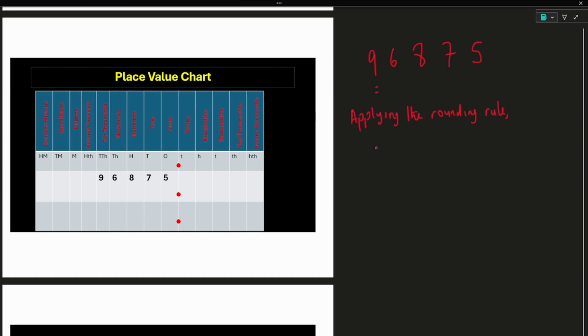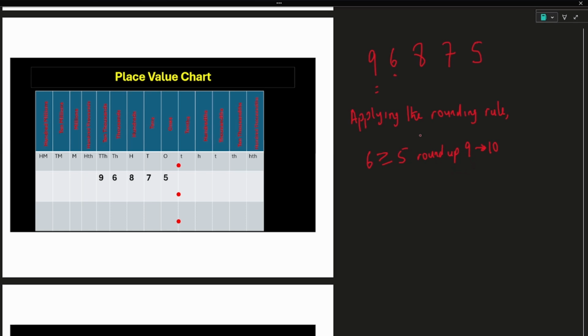So applying the rounding rule, if the digit to the right, which is 6, is greater than 5, we round up. So since 6 is greater than 5, we round the number 9 up to 10. That is, we increase the number 9 by 1.